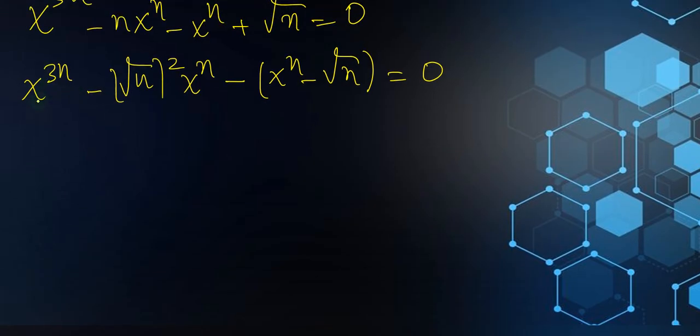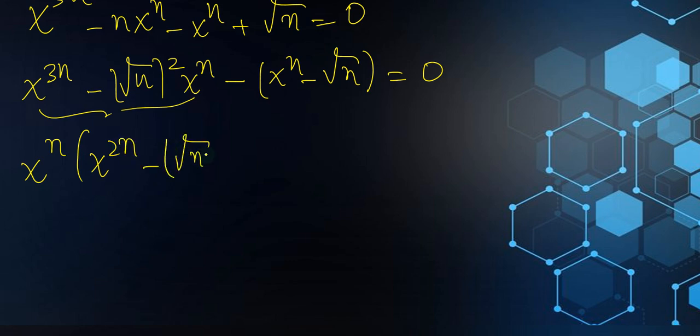Now I can factor out x to the n from these two. This will multiply x to the power of 2n minus square root of n to the power of 2, and then minus x to the n minus square root of n, and this is equal to 0.